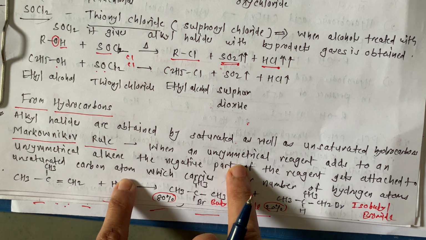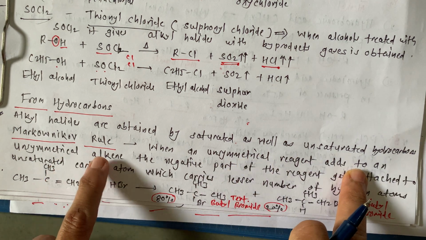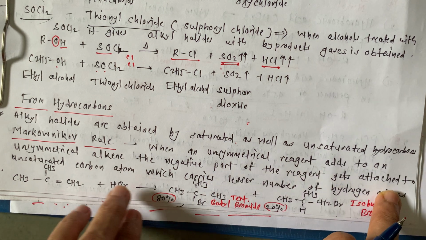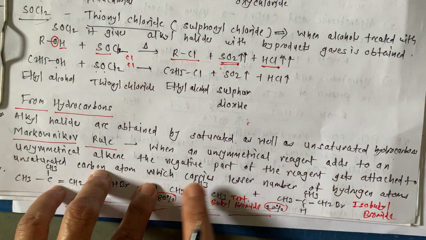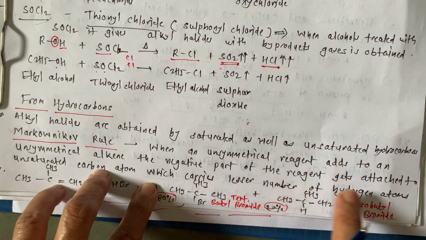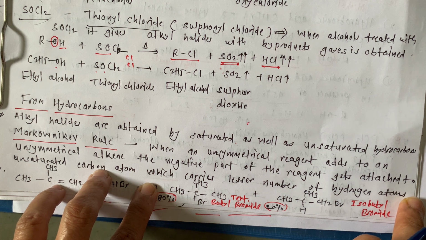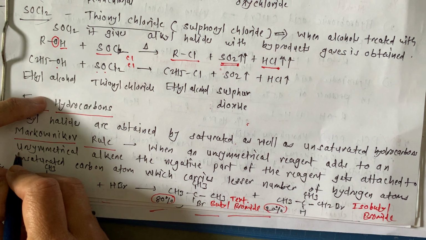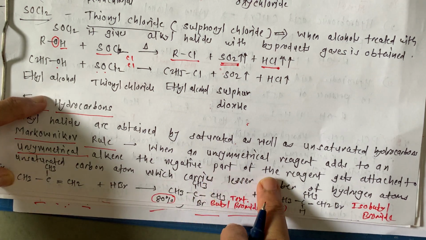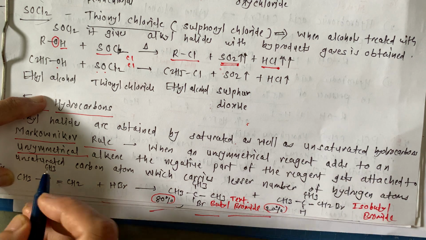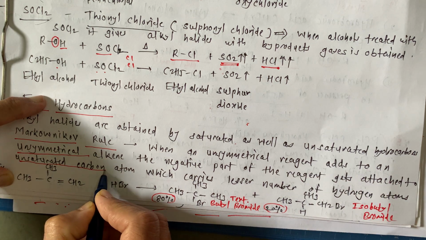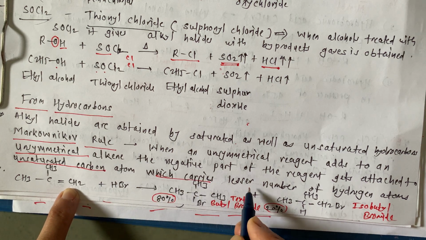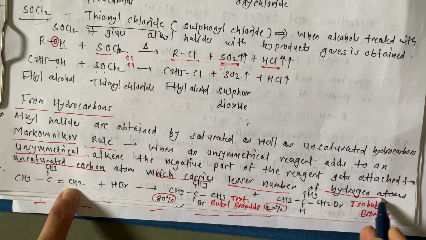When an unsymmetrical reagent adds to an unsymmetrical alkene, the negative part of the reagent gets attached to the unsaturated carbon atom which carries a lesser number of hydrogen atoms.